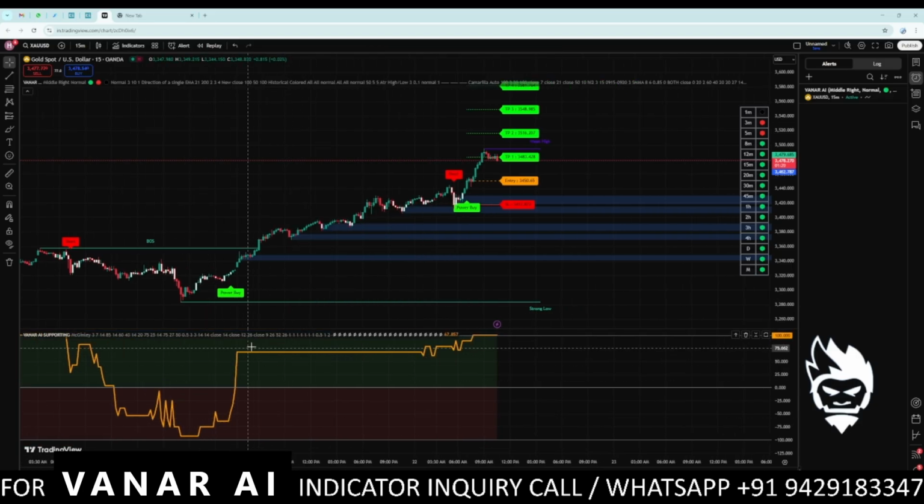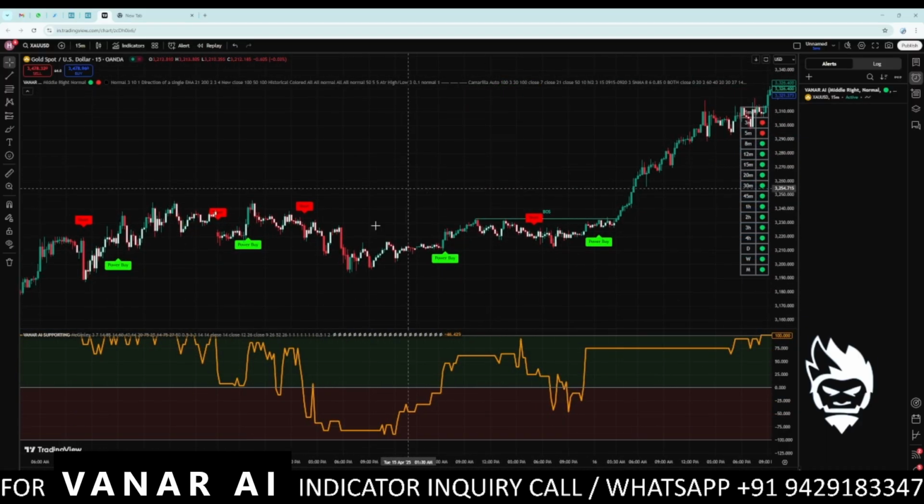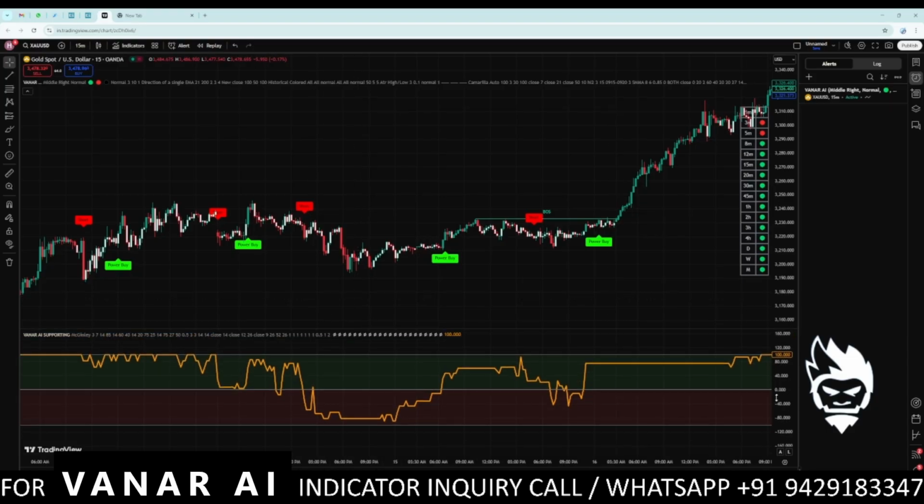It shows you the trend going red and green. You can see red indicates sell and green indicates buy trend. Whenever this line is above green, you will see the buy trade. Below red, it shows the sell signal. This is a trend identification indicator, the HMO cloud indicator.